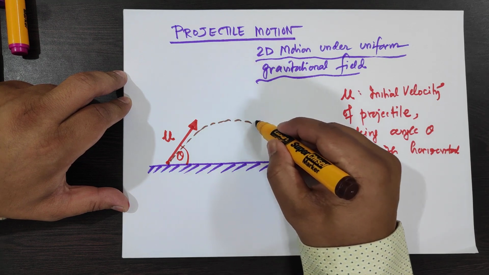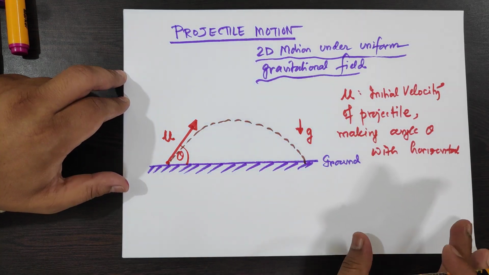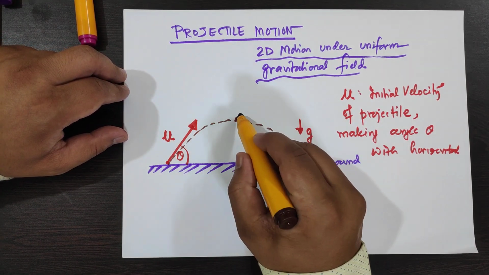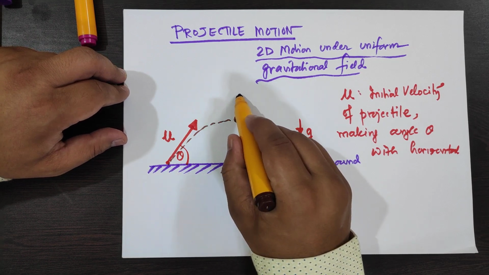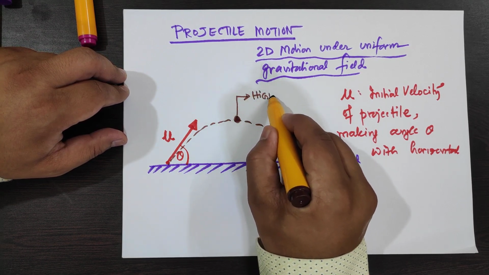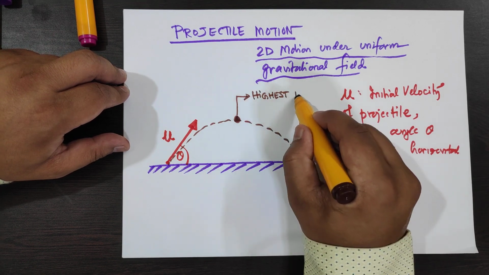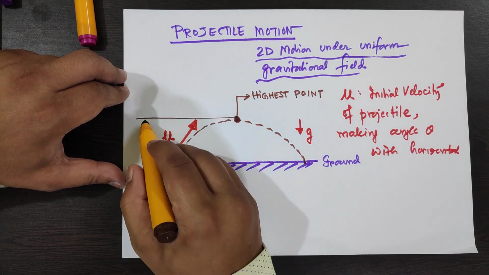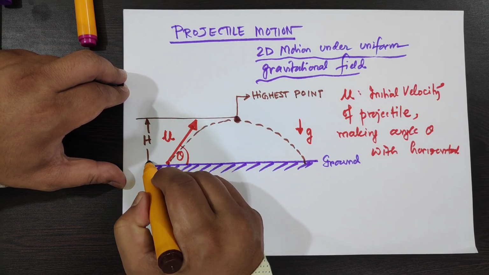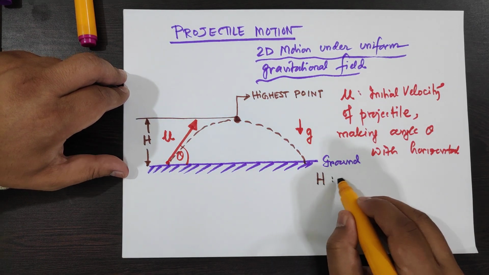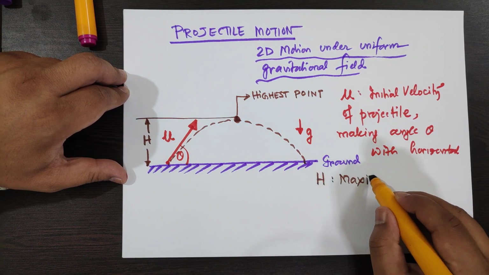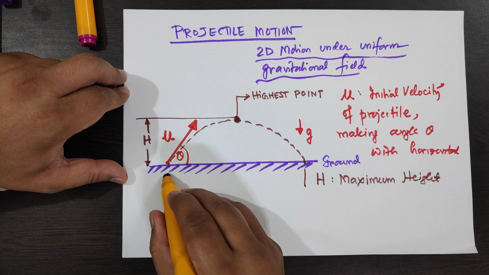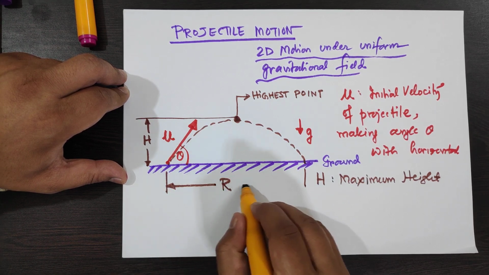Again it will land on the ground. Now this is the highest point of the path, and this h is the maximum height, and this is known as the range, R for range.